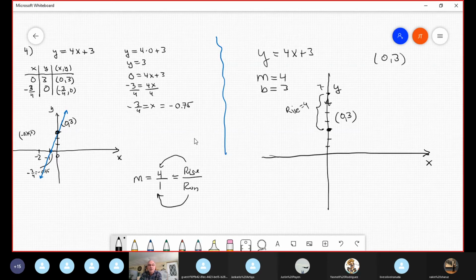That point is 7, and the run is 1 to the right here. This second point is the point (1, 7). We connect both points with a line, and we get exactly the same line, passing through the point we got before.